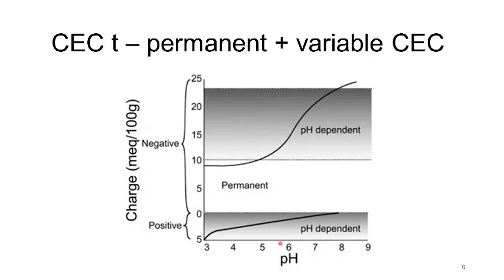Here, as we can see, if the pH value is higher than 7, the negative charge of the soil will increase because of the pH-dependent variable sites. All right.